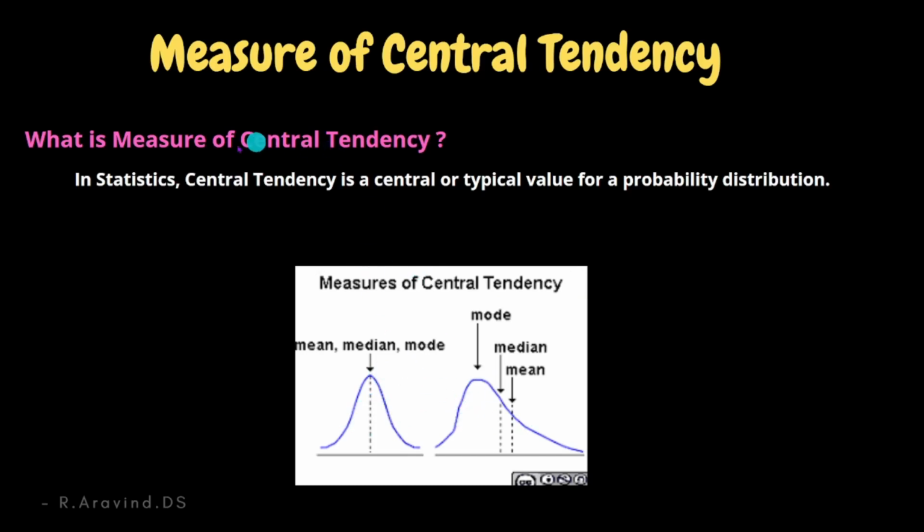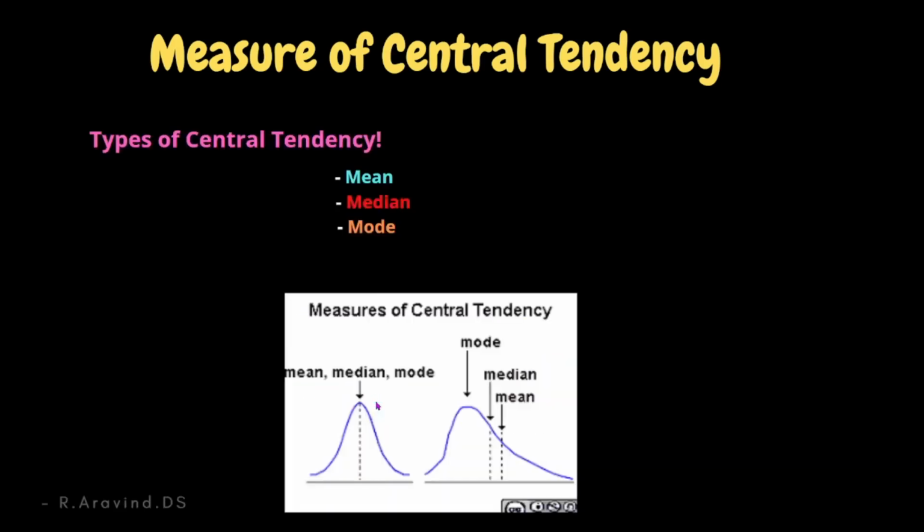So this is the measure of central tendency. Simple like that: measuring the horizontal part of the distribution that we have.